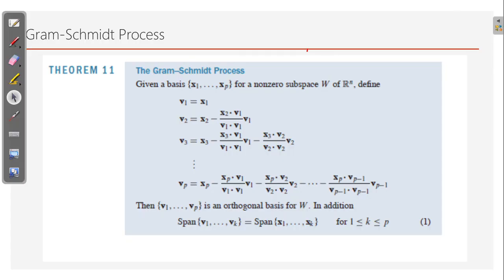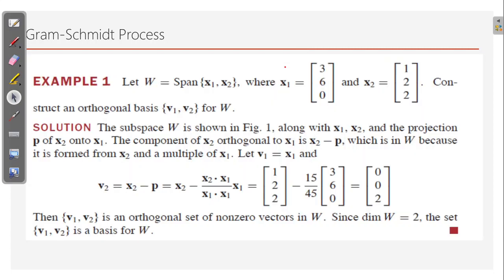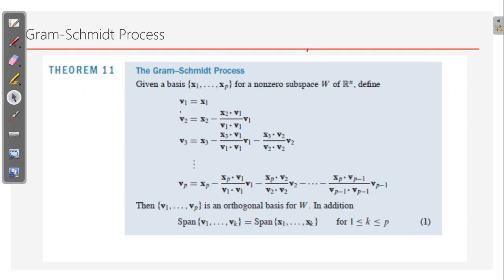Yes, then this Gram-Schmidt process is used to find the orthogonal basis or orthonormal basis for a subspace W. This is the process, the algorithm.